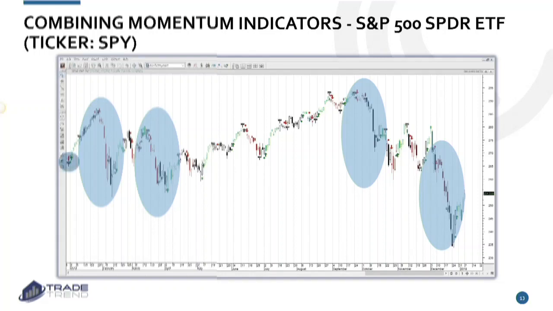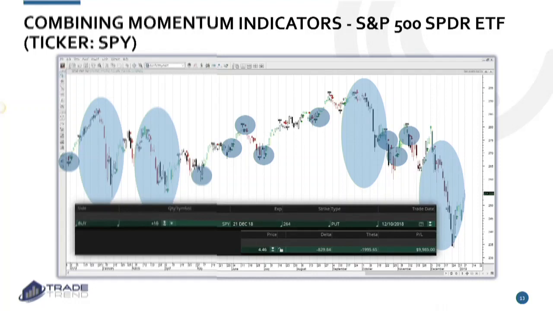So these were the major ones, but I've highlighted some of the more minor ones as well. But you can see how accurate they can be in predicting the shifts in momentum. So a lot of these signals you're seeing, which are indicated by the red diamond and a red arrow for a short setup and a green diamond and a green arrow for a long setup, it does a really nice job.